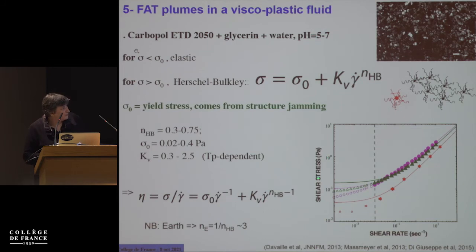If you want to see a flow curve, so this is shear stress as a function of shear rate, you see that for very small shear rate, we are not going to 0, so there is really a critical shear stress, above which you can flow, and here we can have some shear thinning.